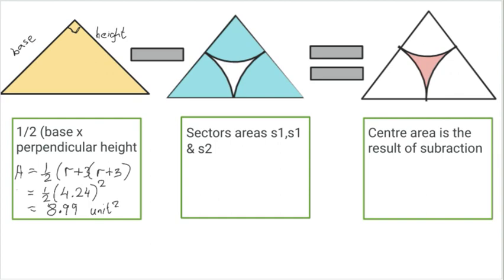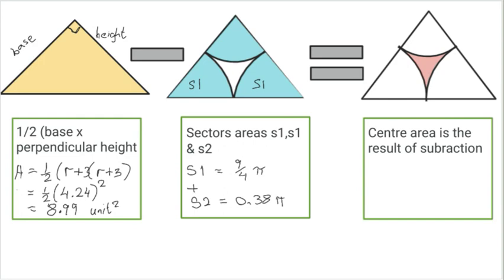Now let's sum up the three sectors, S2, and the two similar ones, S1 and S1. So for the two S1s we already have a result of 9 over 4 pi, and then we have to add the S2, and we will get 0.38 pi.